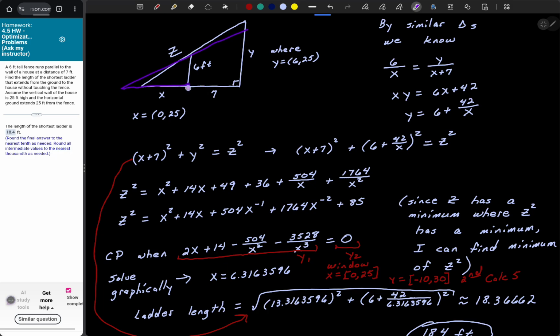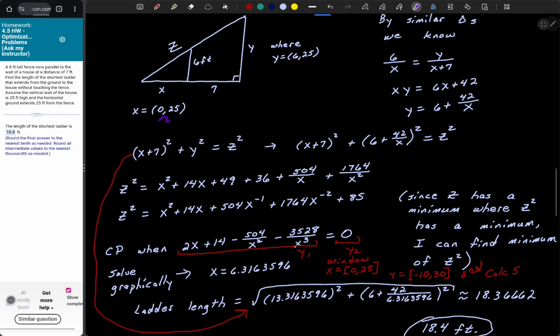Of course, that means x could be any number. If it's 0, then you're placing it right against the fence, and that wouldn't make any sense. So it can't be 0. And if it were 25, you would not be minimizing the length of the ladder, you would be maximizing it. So x has to be some number between 0 and 25.